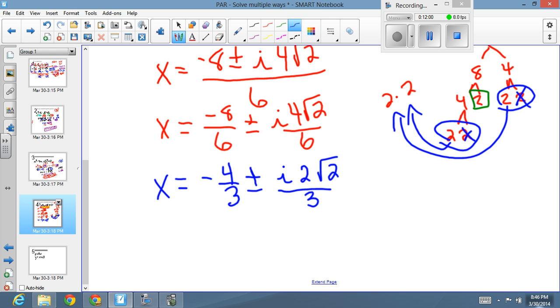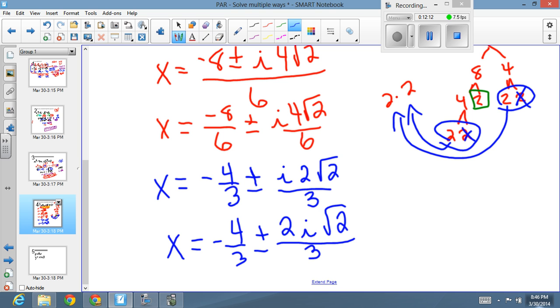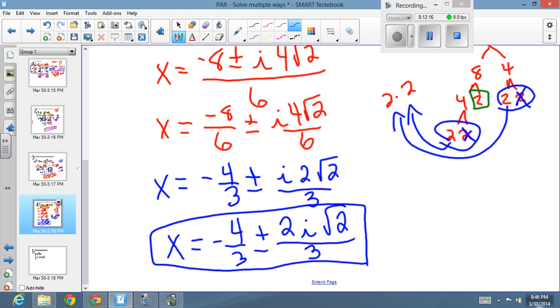Okay. Ideally, and this is the way you'll see it if this were to be a multiple choice, we're going to write this complex number as 2i radical 2. Okay. So if that looked a little funny to you before, that's probably why.